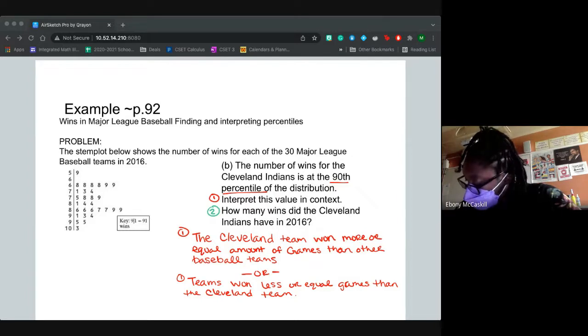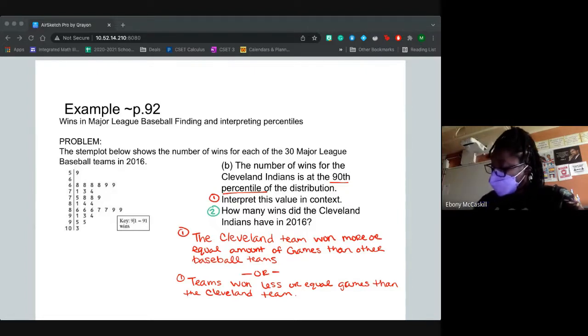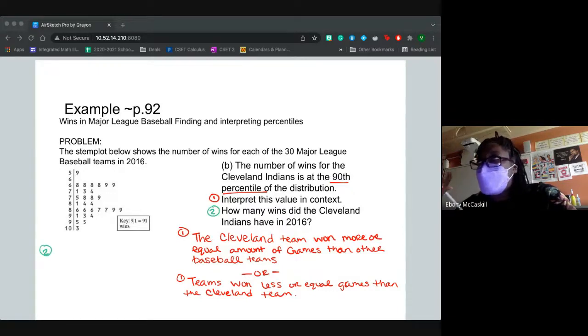All right. So lastly, in order to find the next bit, we are going to need a bit more information. So let's talk about what we do know for number 2. We don't quite know how many games the Cleveland team won, and we also don't know their position either.